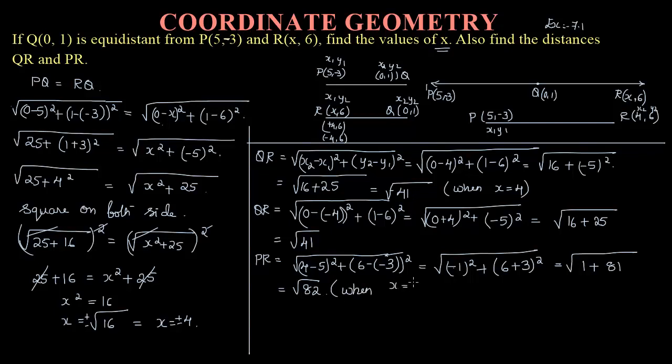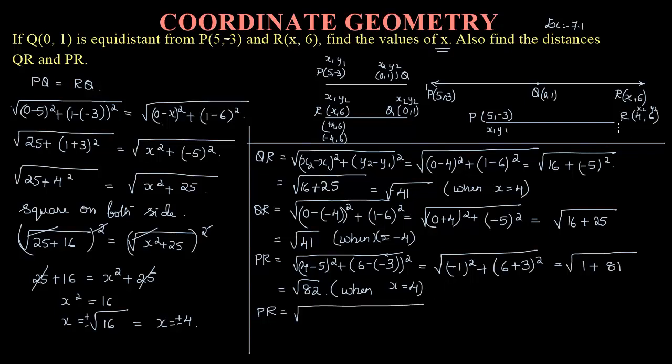When x is equals to 4. Here you should write when x is equals to minus 4. Right, now let us find the value of PR if x is equals to minus 4.